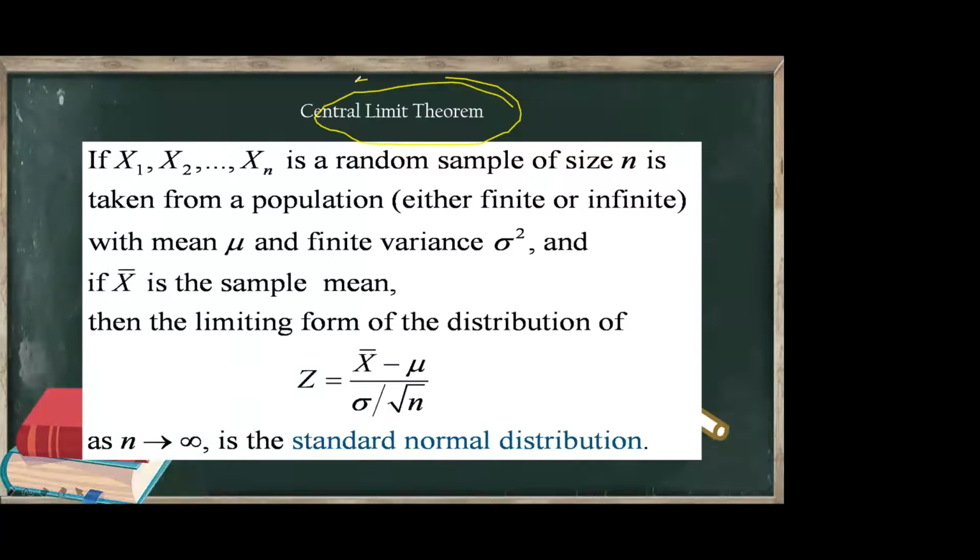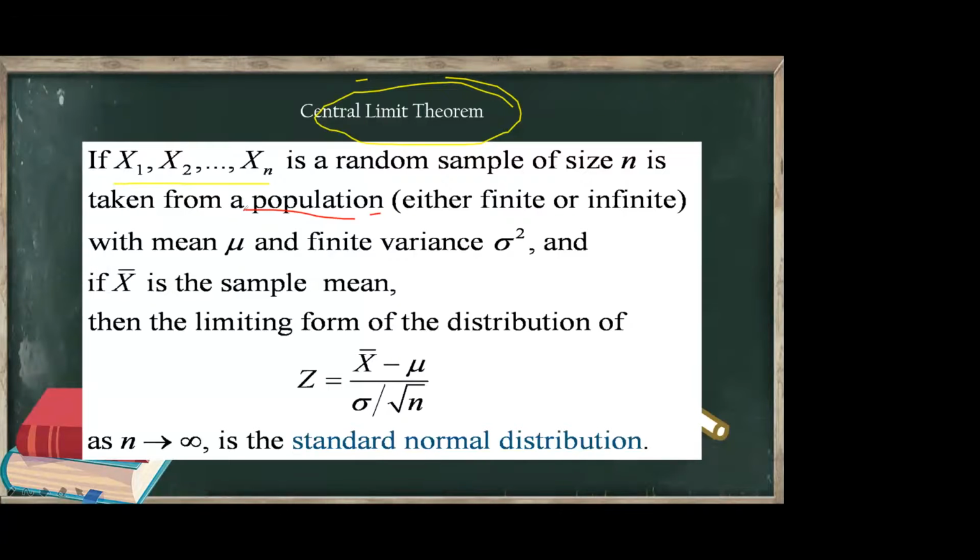If we have n random variables, which we draw from a population, and the distribution of the sample means will always be according to the central limit theorem.